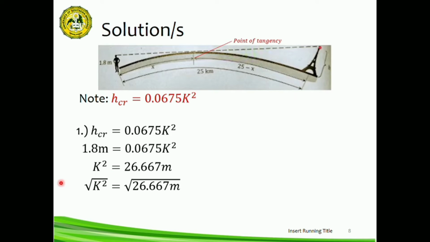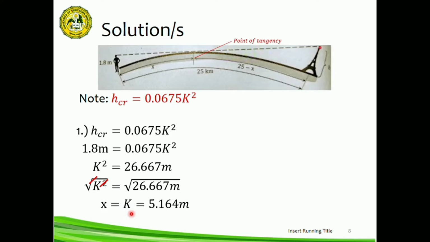So, square root of K squared equals to square root of 26.667 meter. So, in-square root po natin ito para po ma-cancel out natin yung squared dito. Kasi we need to square root both sides. So, ganito po. After which, the value of our x is equals to k. And the k is equals to 5.164 meter. So, nakuha na po natin yung value ng k.